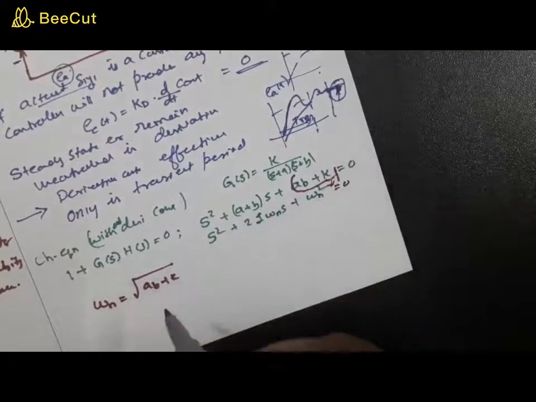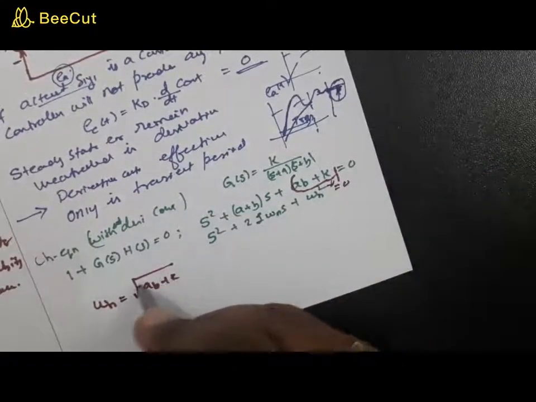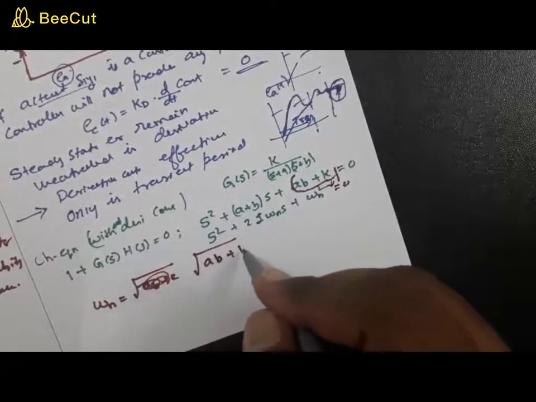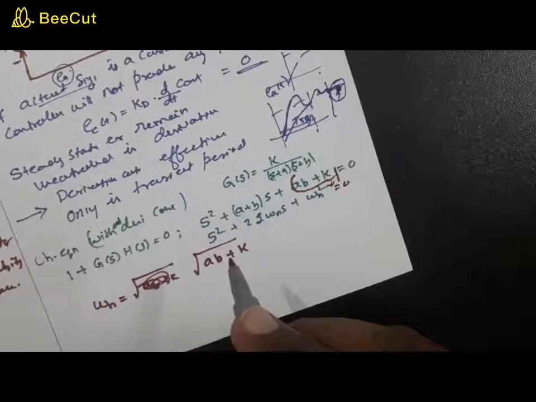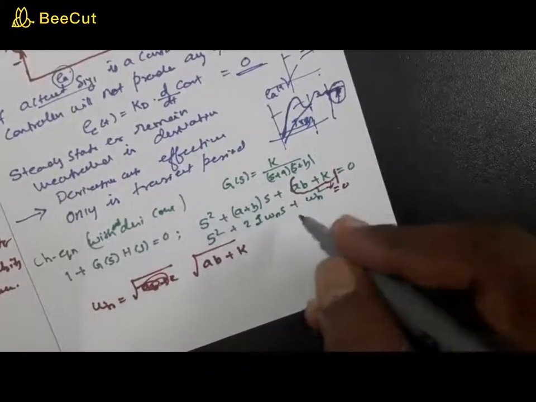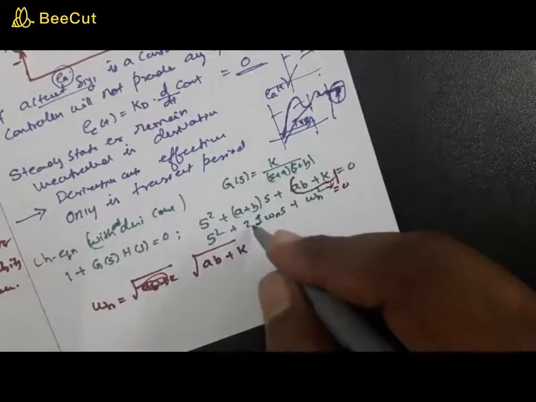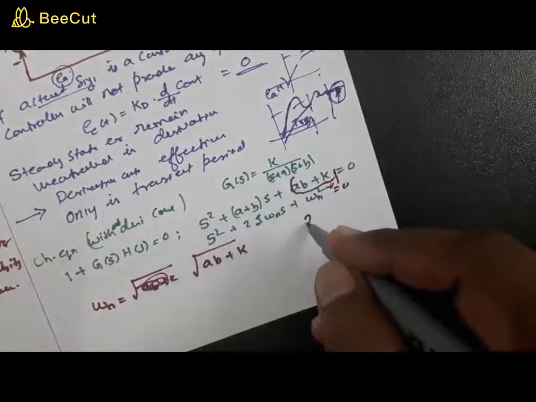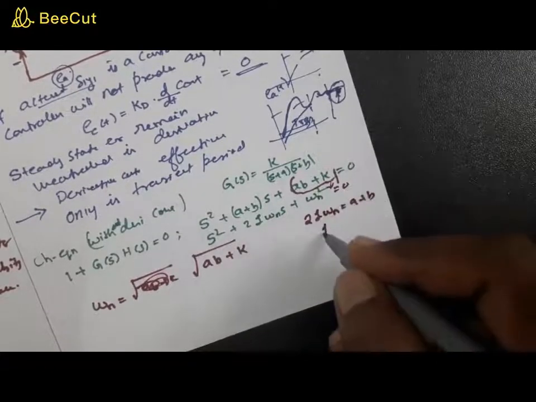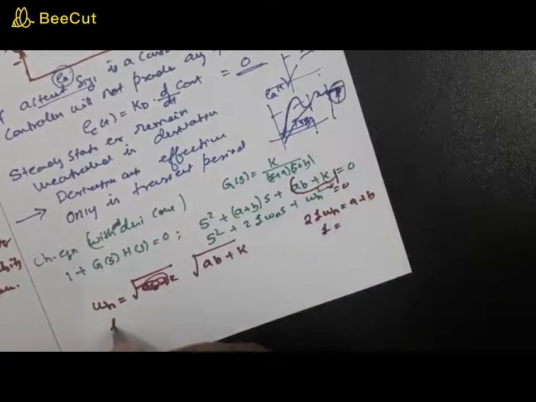And the damping ratio, how will you find it? When you compare these two, you will get 2 zeta omega n equal to a plus b, so what will you get as zeta?